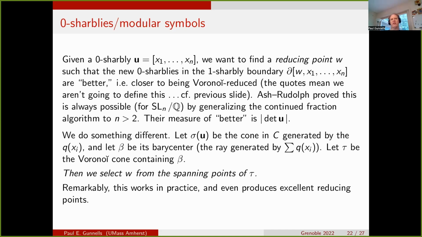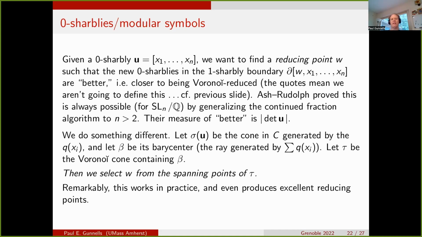Now a cone is, here we've spanned it, we have some specific spanning points that generate it, which are given by those xi's. So I just mean take the ray generated by the sum of those things. So it's like a central point in the cone. Of course, if you vary the xi's, you can change what that point is. But if we take all the xi's to be primitive, then it's a distinguished ray inside the Voronoi cone.